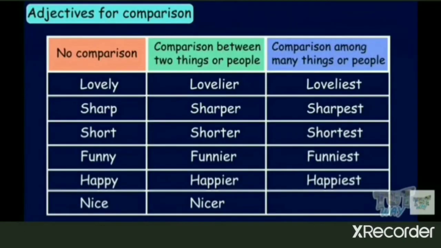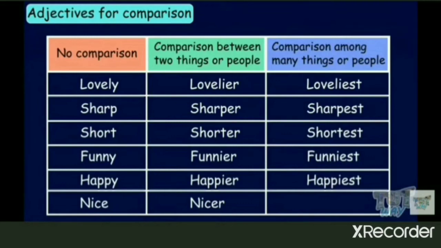Now children, here you see some more examples: lovely, lovelier, loveliest. The first one is no comparison, the second one is comparison between two things or people, and the third one is comparison among many things or people.